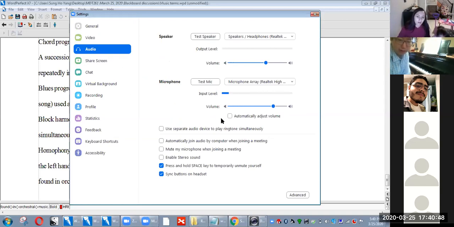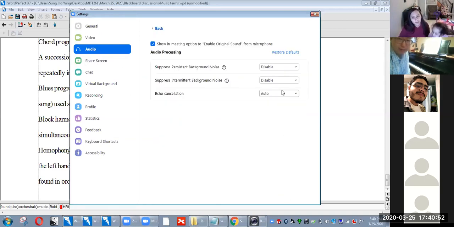Then go to advanced, click here, and engage show in meeting option to enable original sound from microphone. The quality will be much nicer than normal.